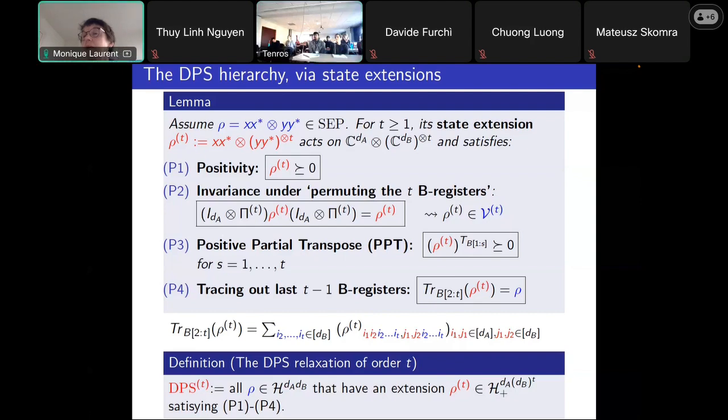Except with the twist now that you insist on having these two parts, the X and the Y part. So it will be in S2 of X tensor S2 of Y. Exactly. Yes.